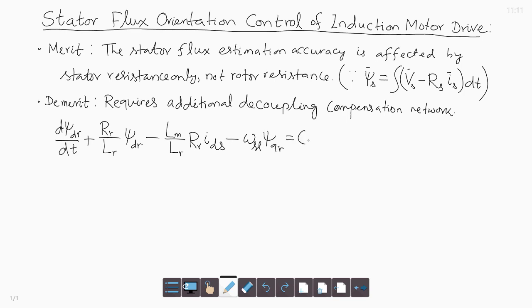This is 0 for motoring operation, rotor circuit is closed. So, this is 0. This is equation number 1.